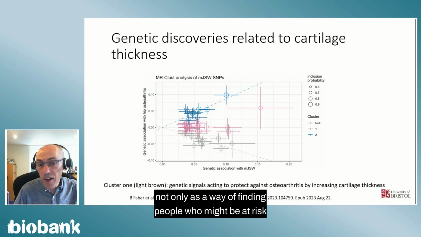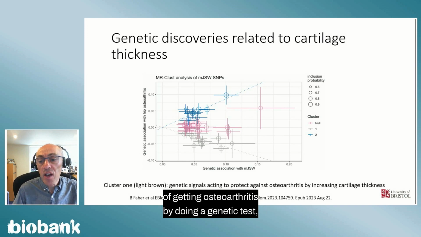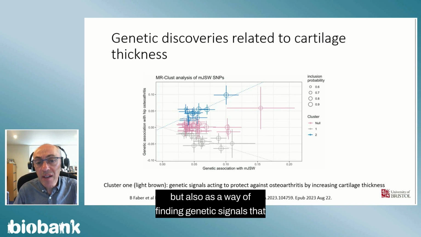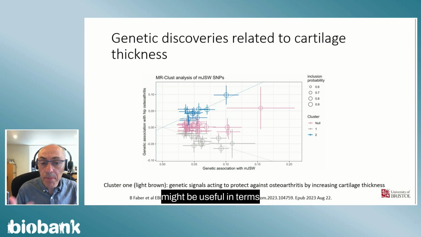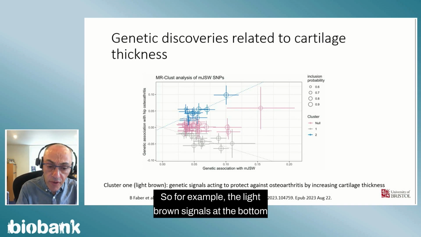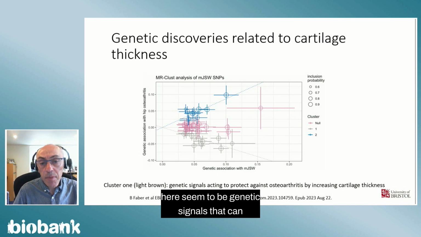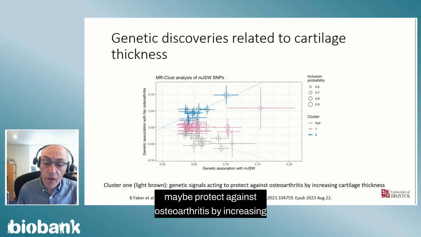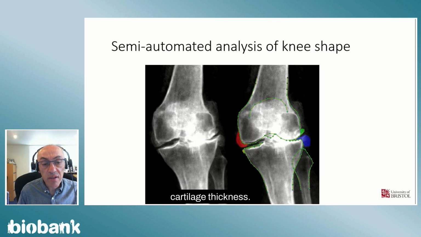It's not only a way of finding people who might be at risk of getting osteoarthritis by doing a genetic test, but also a way of finding genetic signals that might be useful for drug discoveries. For example, the light brown signals at the bottom here seem to be genetic signals that can maybe protect against osteoarthritis by increasing cartilage thickness.